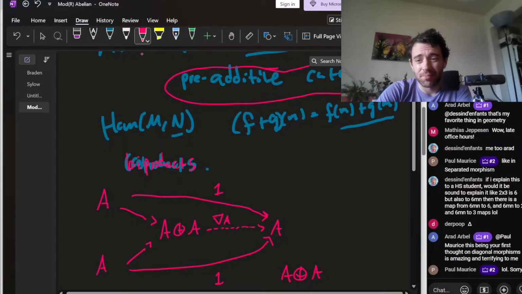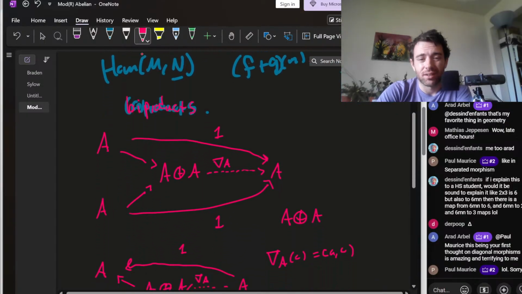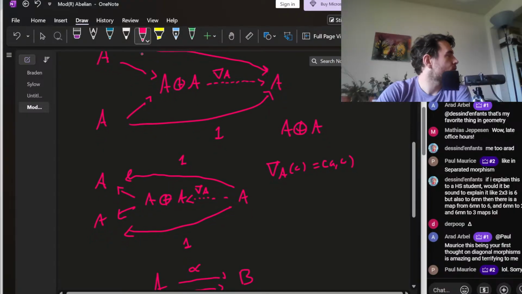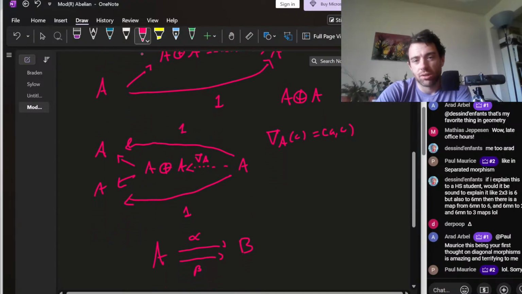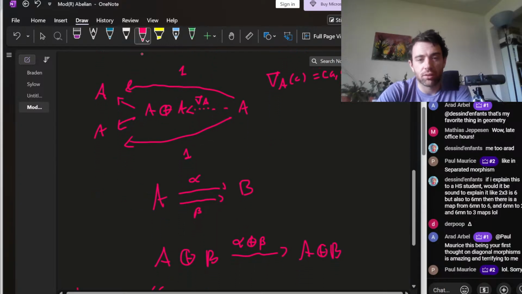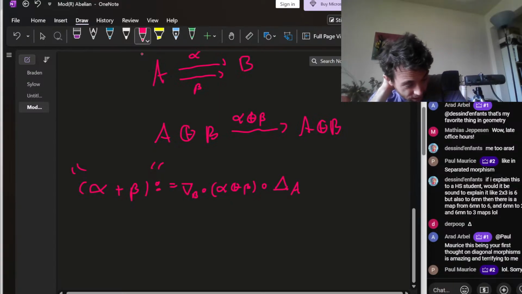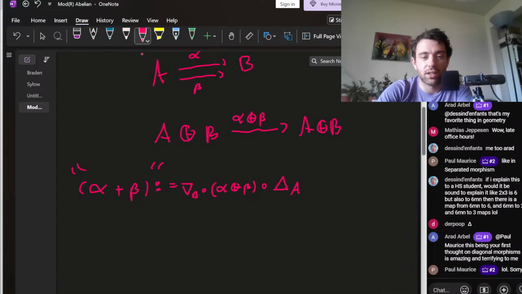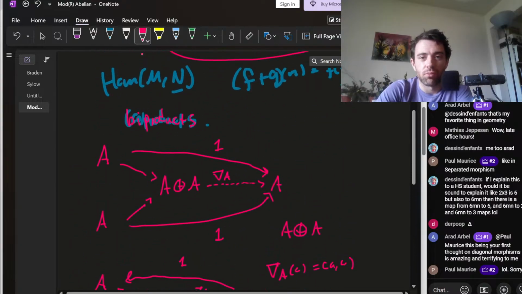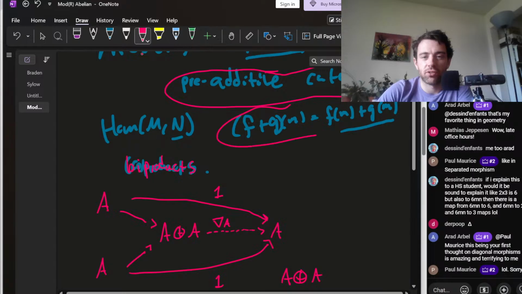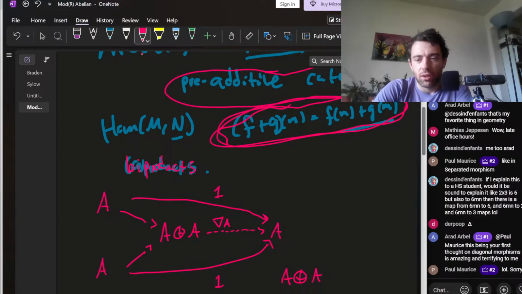And the big takeaway is that you basically use this to prove that this agrees with any other pre-additive structure you can put on your category. In particular, if you work out what this is, you'll find it literally is the more naive set theory based definition for the additive structure on modules.